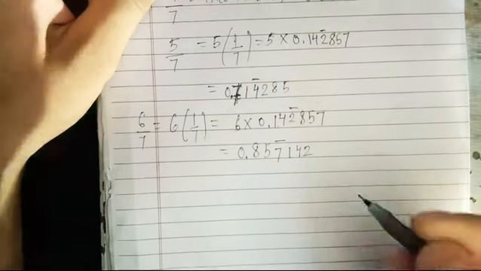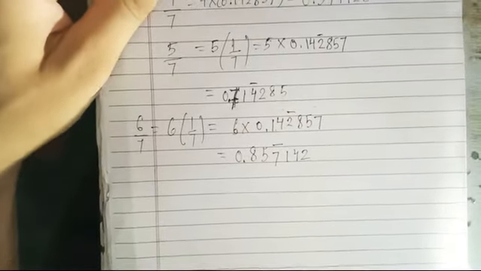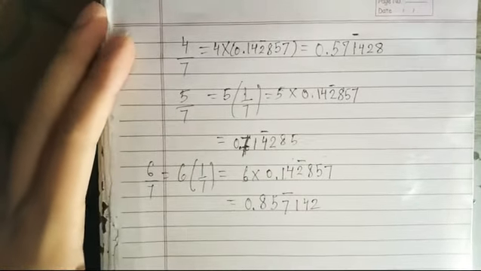So 0.857142 bar. That will be the value of 6 whole 1 upon 7.